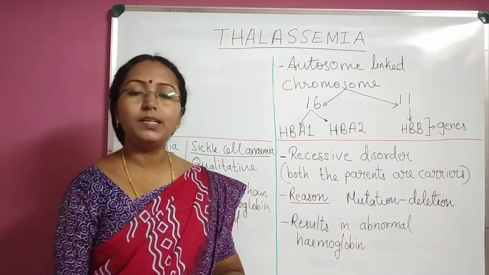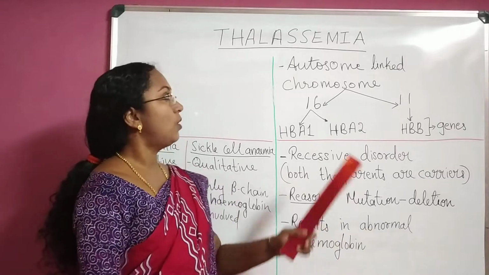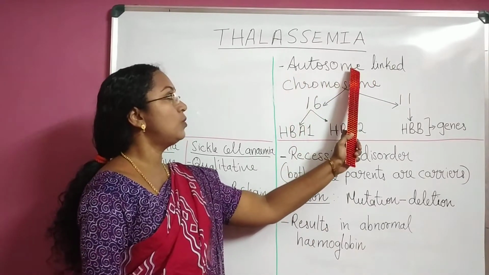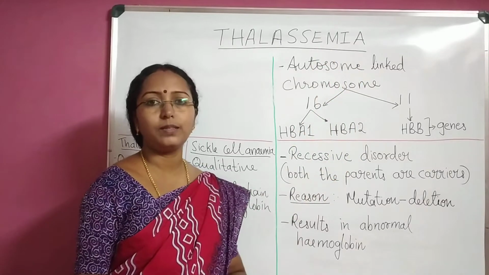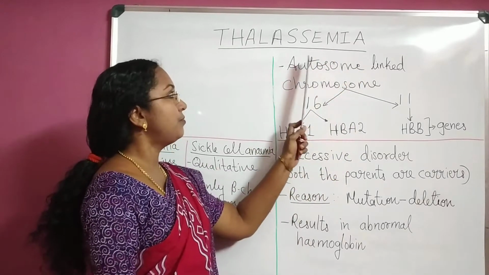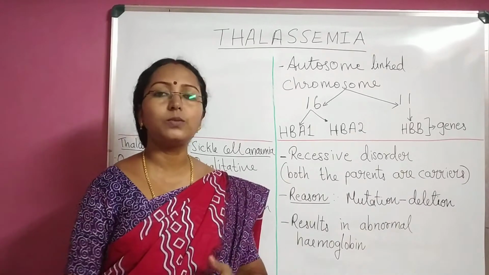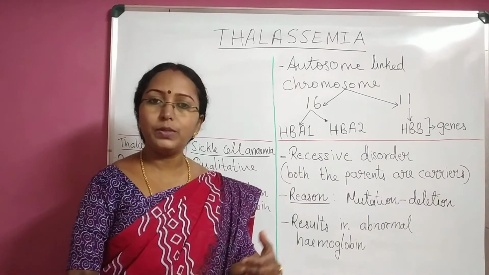This thalassemia is a genetic disorder which is autosome linked. Explanation of these autosome linked disorders, what they are, why they are called so, etc. were dealt with in the previous episodes.